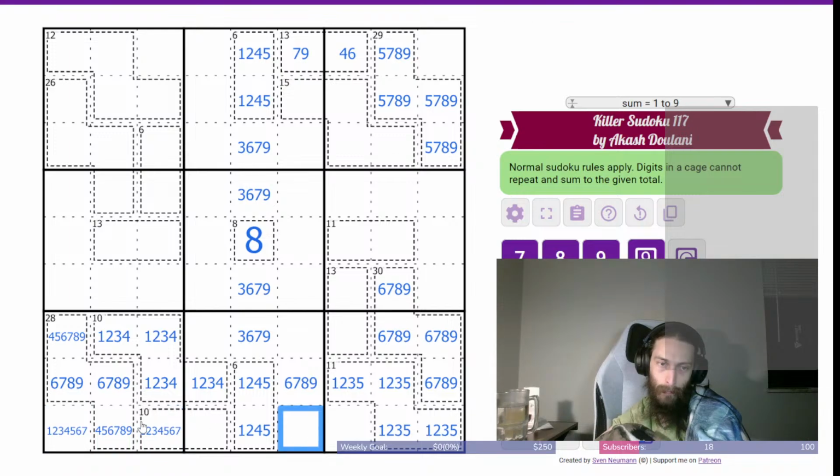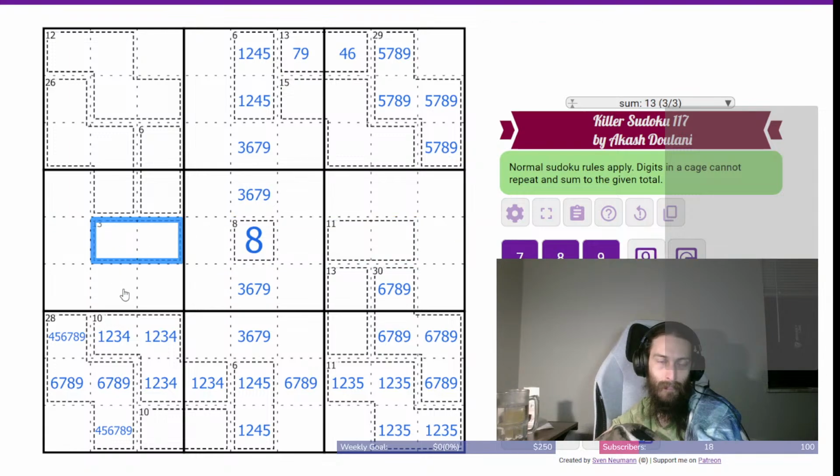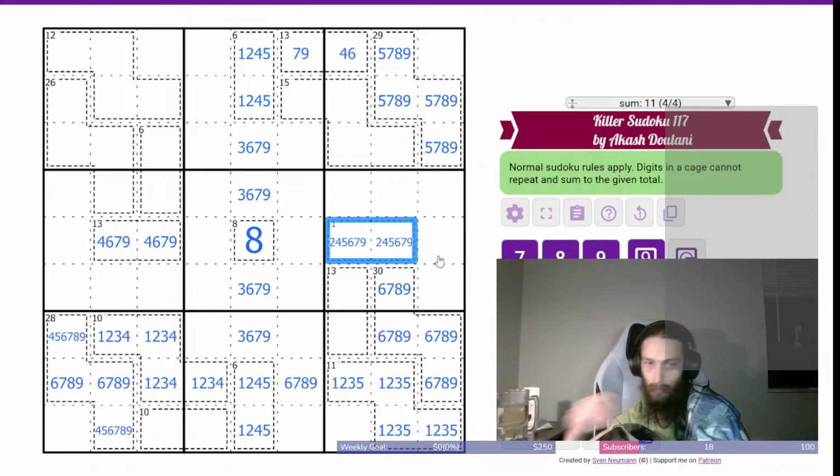All right, in row 5, the 13 cage, if it's 4-9, then the 11 is 5-6. And if it was 6-7, that would make it 2-9. Right. So it can't be 4-7 because this will contain either 4 or 7.